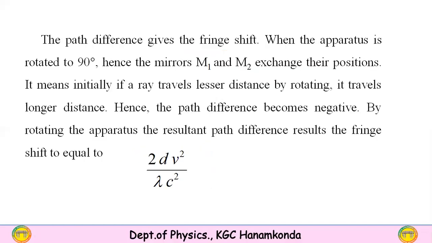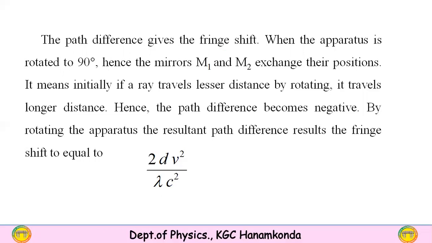The path difference gives the fringe shift. When the apparatus is rotated by 90 degrees, the plane mirrors M1 and M2 exchange their positions. It means that a ray which initially traveled a shorter distance now travels a longer distance, so the path difference becomes negative.